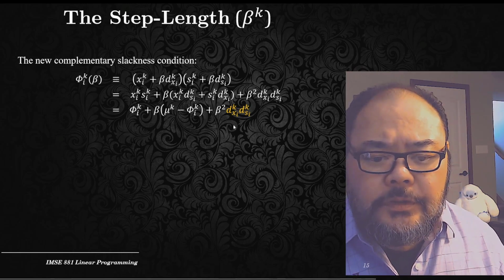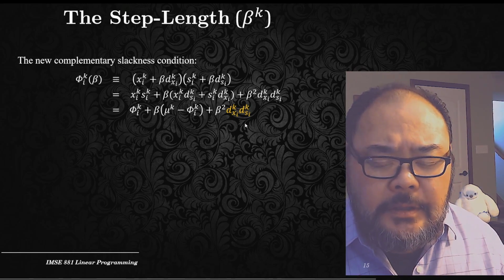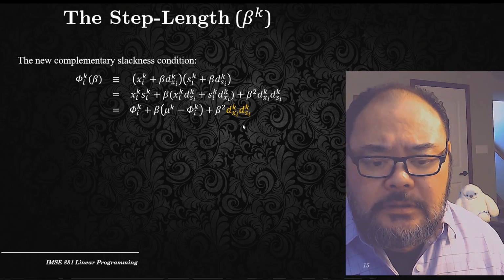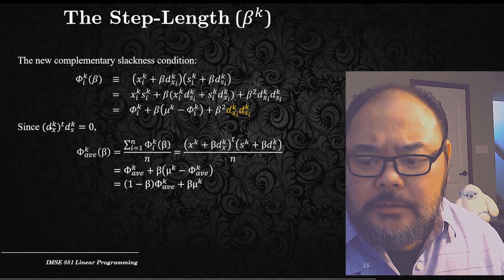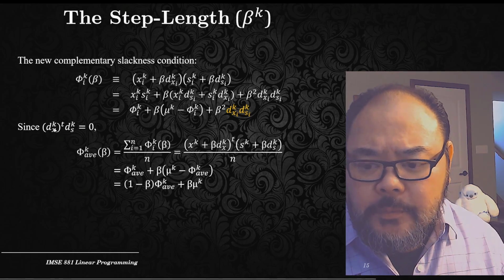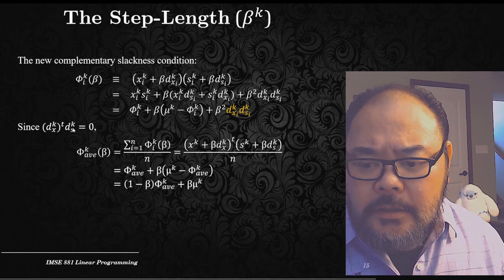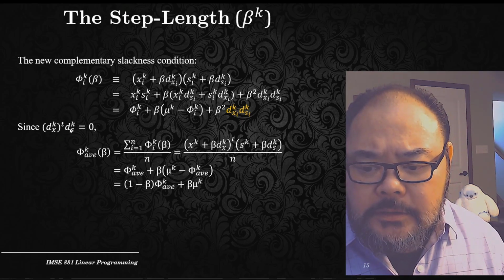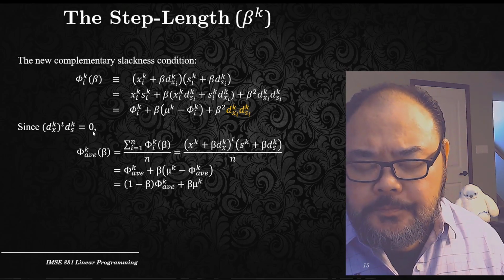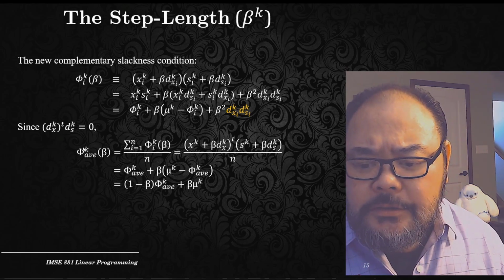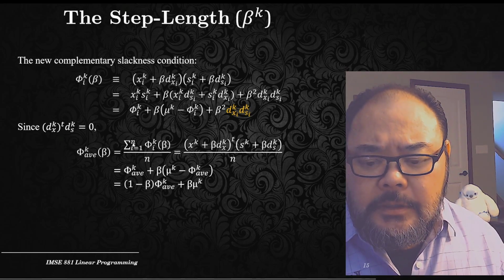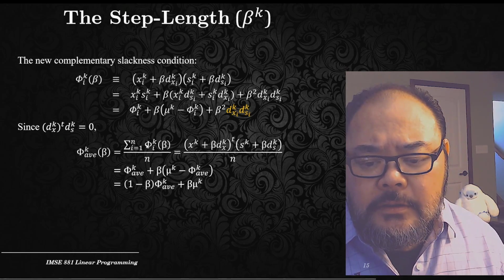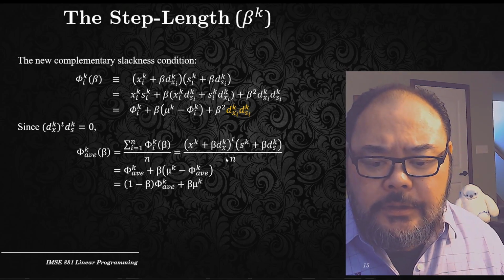We're going to use this to find the best step size beta. Since we know the primal direction dx and the dual slack direction ds multiplied together equals 0, we can calculate the new average duality gap based on the current step beta as the sum of the phi ik based on beta.